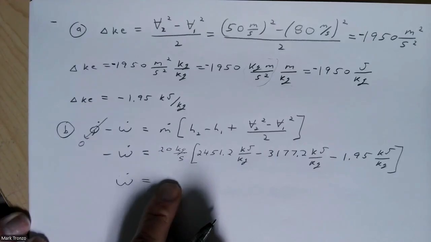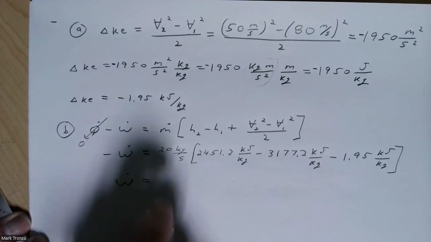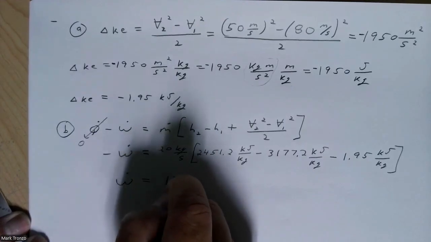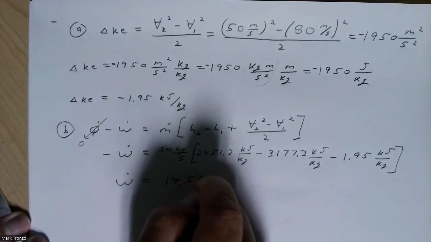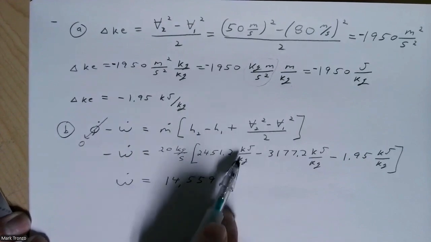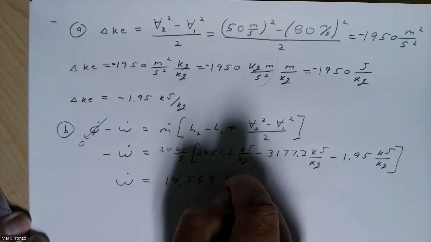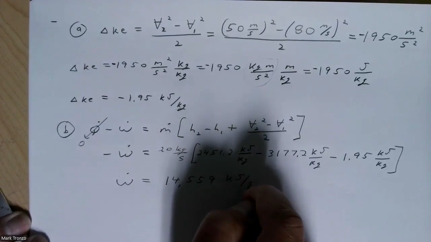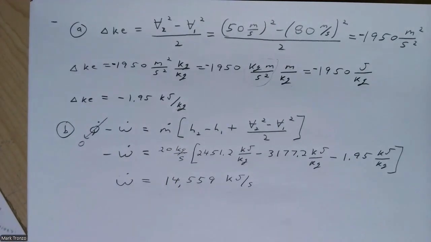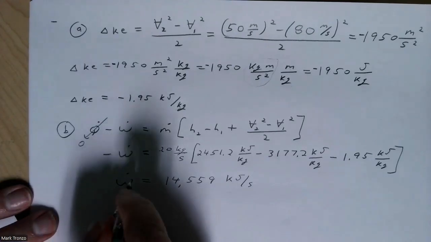It'll be negative 14,559. But then we multiply this negative, it's going to be 14,559. And the kilograms cancel, and it's going to be kilojoules per second. And that is actually a kilowatt.